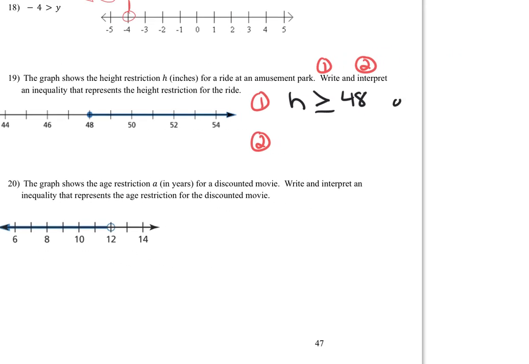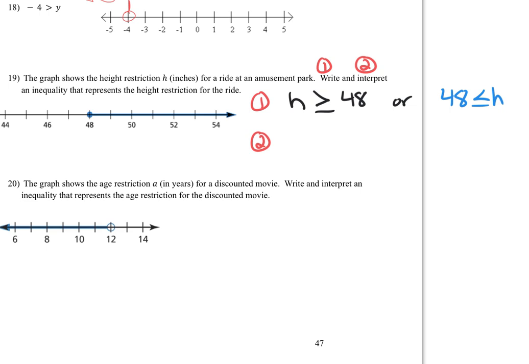If you put the 48 first, it's going to look really similar, but it'll just have the symbol facing the other way. But if you notice, the symbol is facing what each time? The arrow. Yeah, the H, right? It's got our bigger numbers always being eaten, okay? So what does it mean? Interpret it.